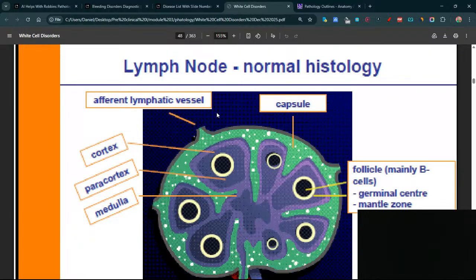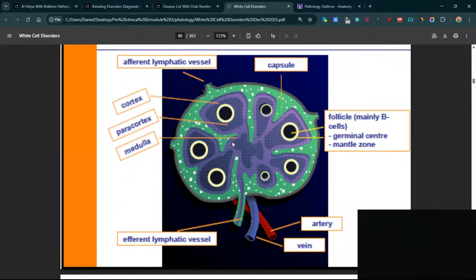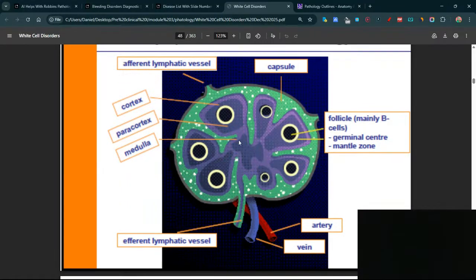All right, here we have the capsule and we have the cortex. Below it there is the paracortex. And there is also the medulla because this is the typical lymph node.